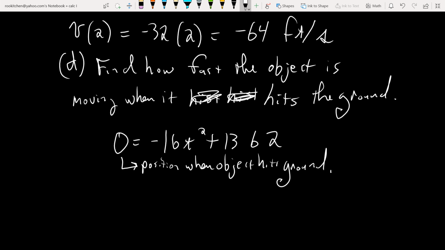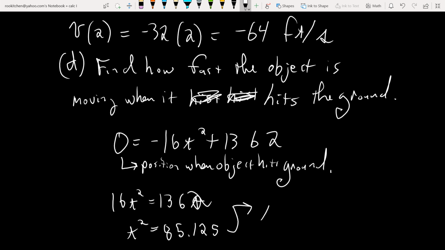Solve that for t. You can add 16t squared to both sides. Divide both sides by 16, and you get t squared equals 85.125. Take the square root of both sides, and t is approximately 9.23 seconds.